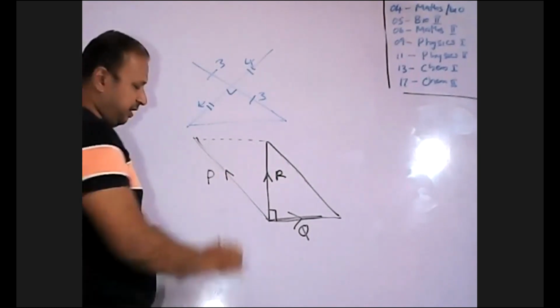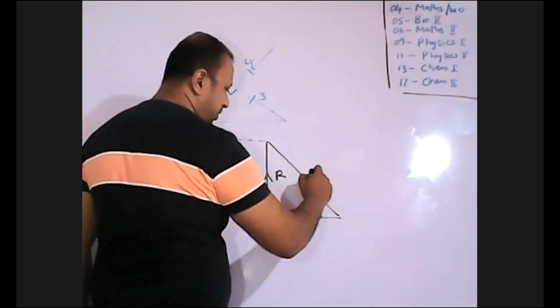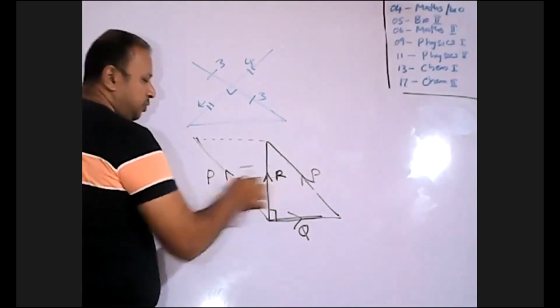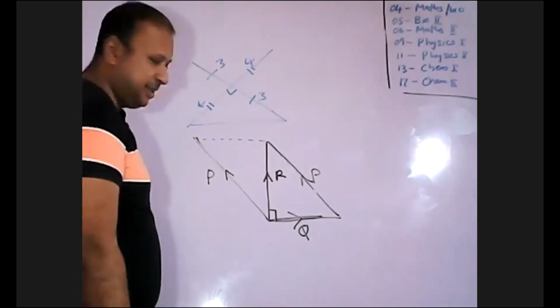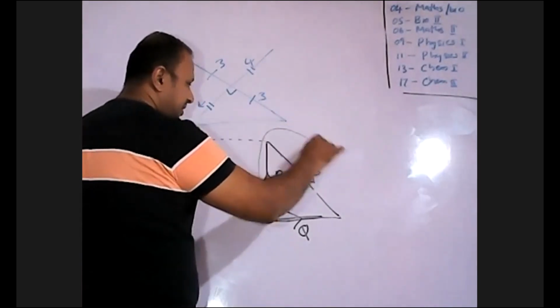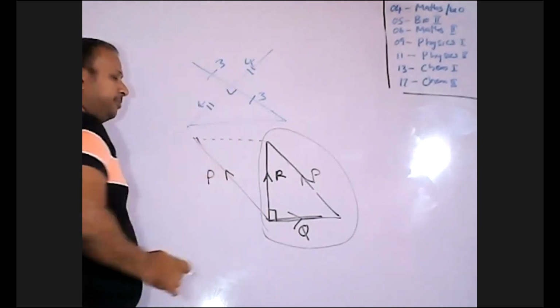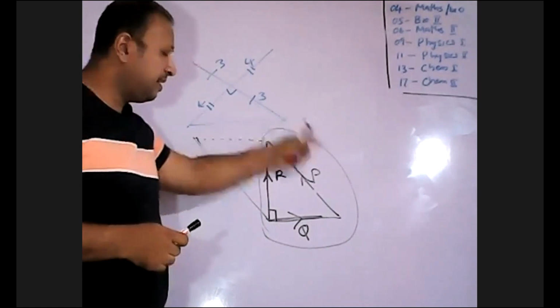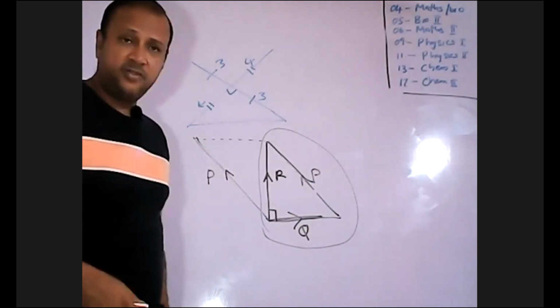If this is P, this should be P too. Okay. Because this is a parallelogram, therefore equal length. So I can use this triangle to solve those kind of questions.